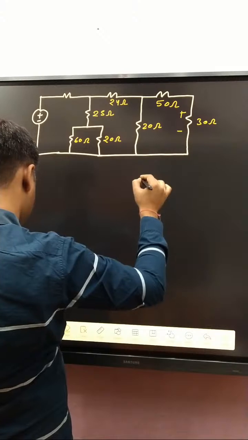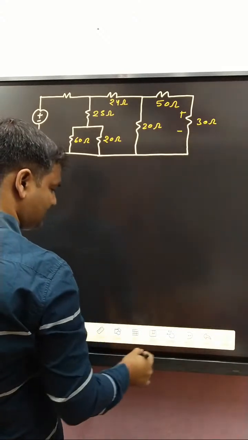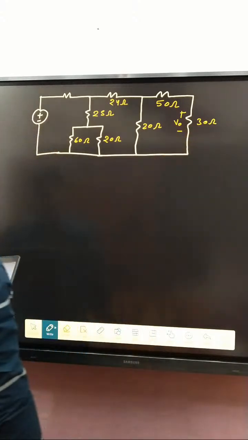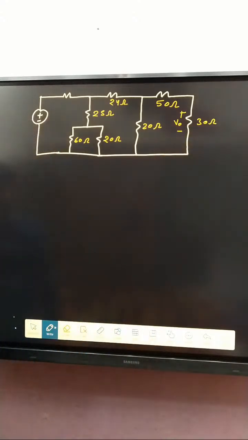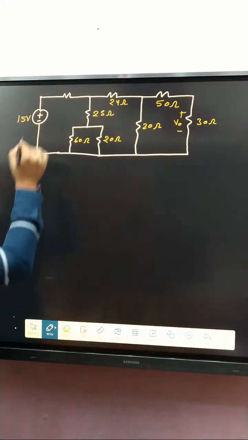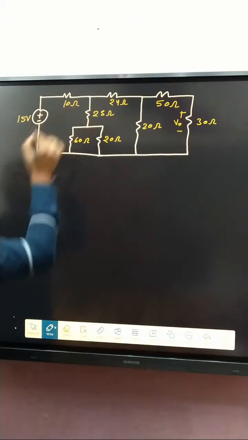We must determine the current in this branch. Basically, we must determine the output voltage and also the current in the R branch. And what about the resistance? That is 10 ohm. Okay.